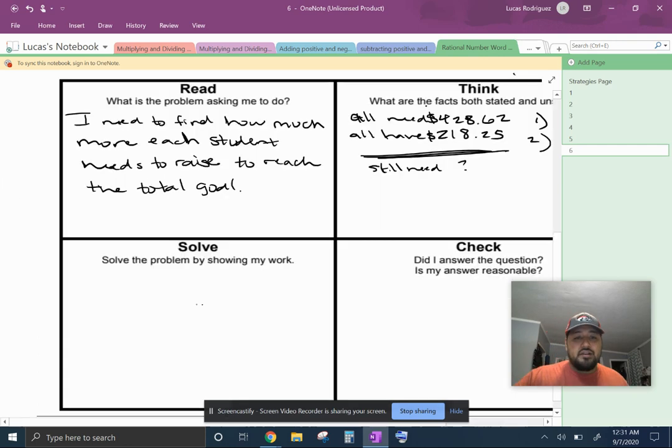So let's figure that out. I have 428.62, and then I have 218.25. This is going to give me how much I still need. And then if I divide that still need by 17 students, it should give me how much each student needs to raise still.